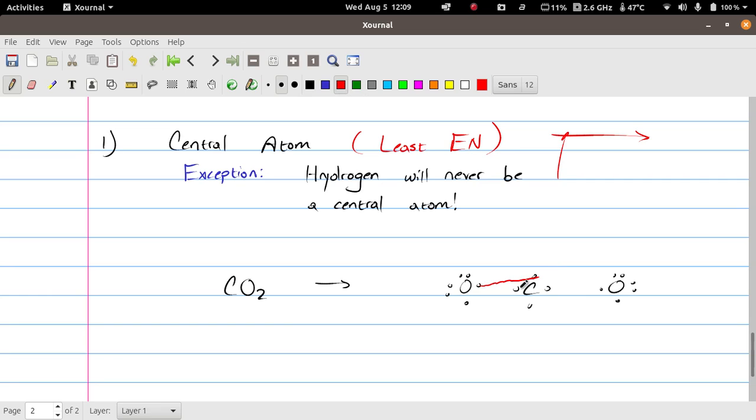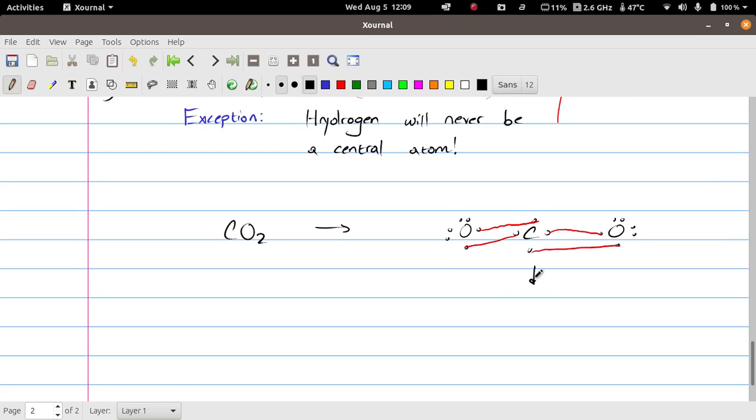So if you draw a line to each of the single electrons in there to make a bond, you're going to end up with something that's cleaned up to look like this. And when you count these lines and these dots, which are super important to draw, this is called the Lewis structure, Lewis dot structure.